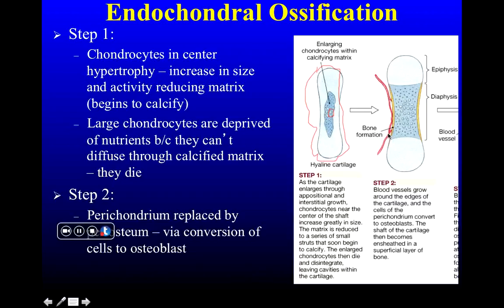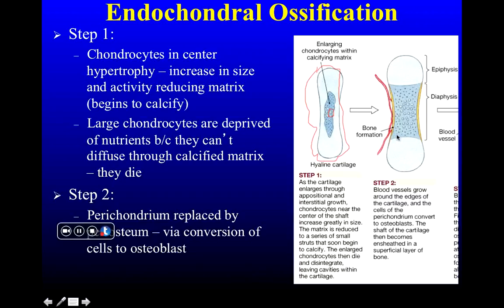Now, an interesting fact here, the bone that's being formed here, you see it represented by the yellow, is the beginning part of the periosteum. Remember, the periosteum has 2 layers. What are they? They're the fibrous layer and the cellular layer. The cellular layer is where the osteoblasts are, and they're starting to form bone here on the outer edge, just barely.